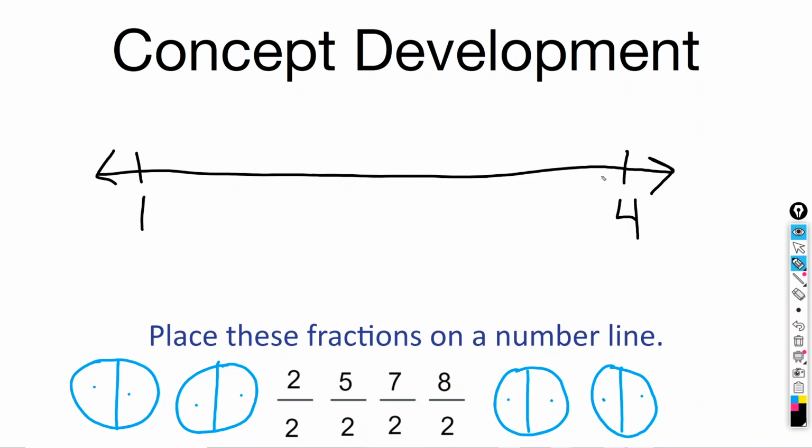Now I can go ahead and finish my number line. I start at 1 and I end at 4, so I know that in there I need a 2, and I need a 3.